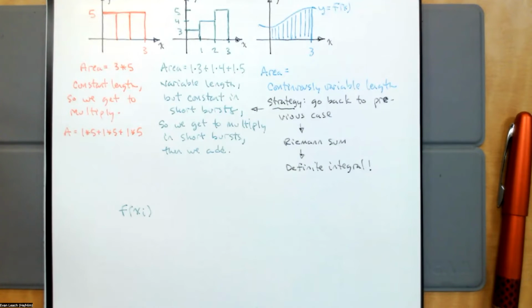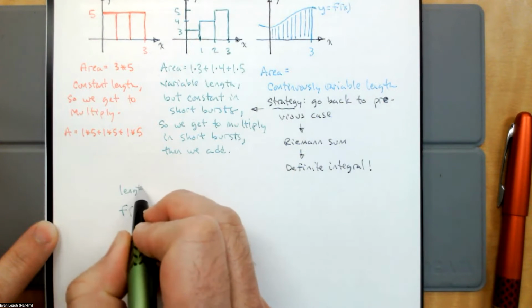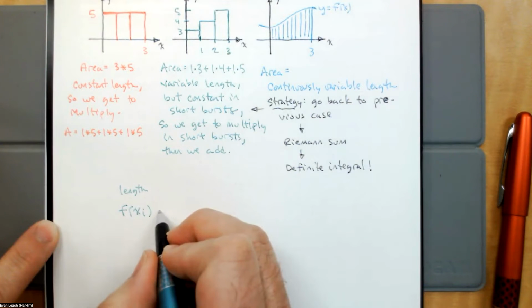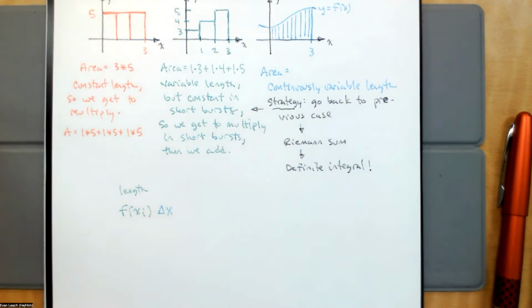So f at xi is the function evaluated at some point, and we're going to use that as the height. We evaluate the function to find the height or the length. I've been calling it length. I assume that the function is just flat for some short burst of width that we call delta x.